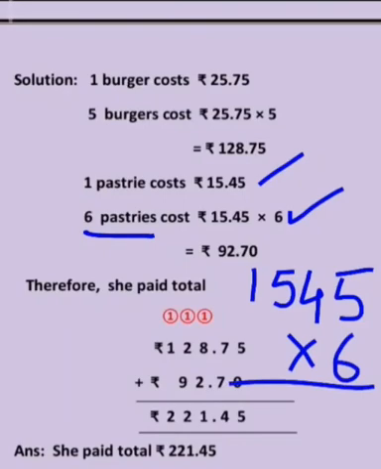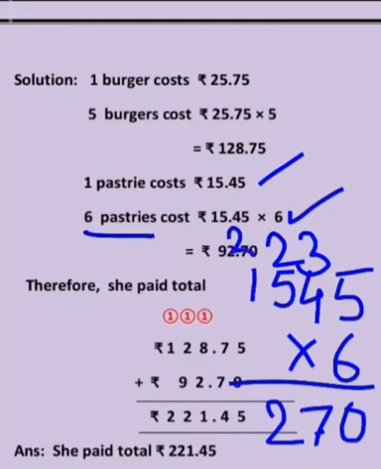6 fives are 30, 0 carry 3. 6 fours are 24 plus 3, 27. 7 carry 2. 6 fives are 30 plus 2, 32, carry 3. 6 ones are 6 plus 3 is 9. Okay, so 9270. This is the answer of this whole number multiplication.